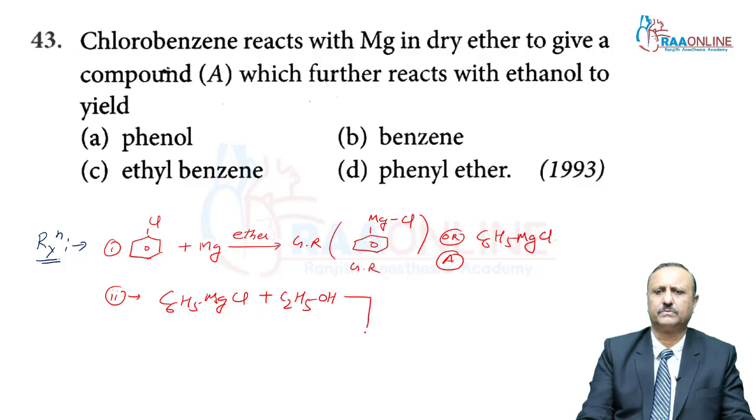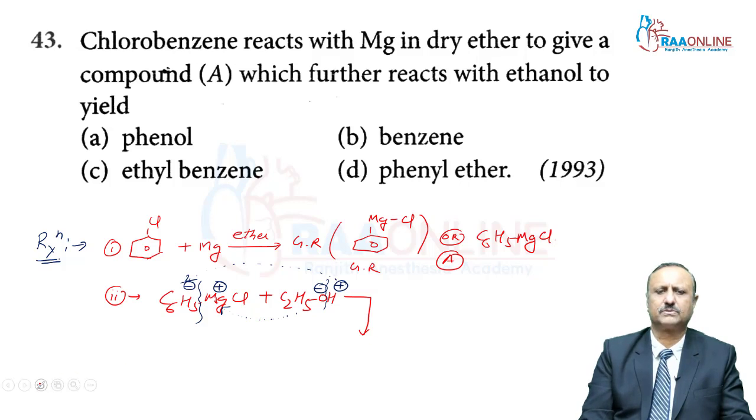To give which compounds? My dear students, when this ethanol reacts with this compound, it gives us H plus ions from this compound and C2H5O minus ions. Here, my dear students, when you break this, you get the positive charge and negative charge. This H plus ion attaches to the negative charge and this negative ion attaches to the positive charge.